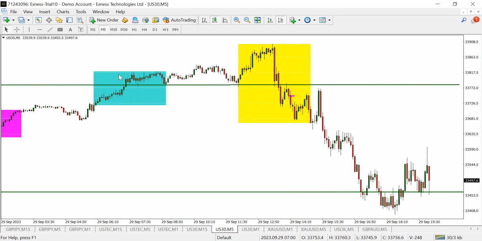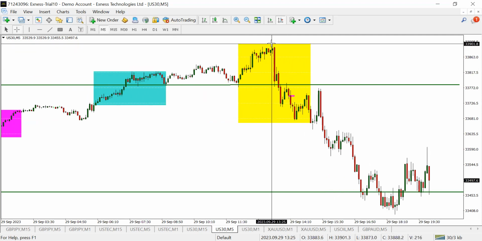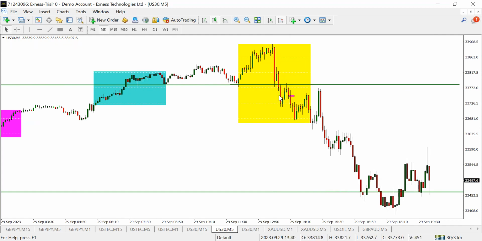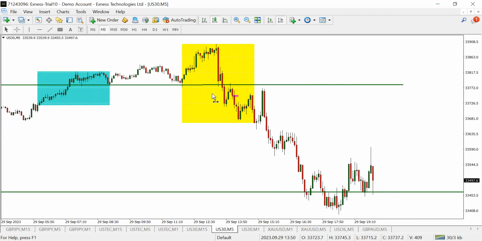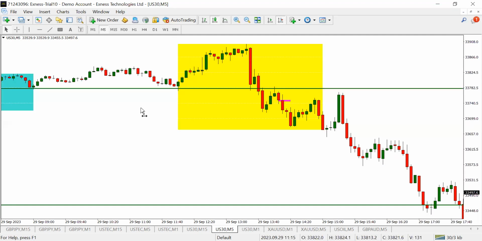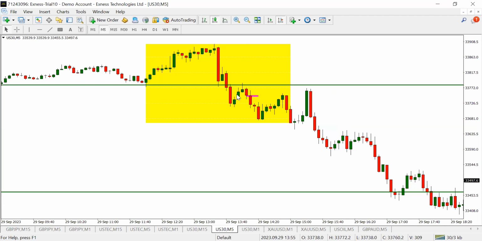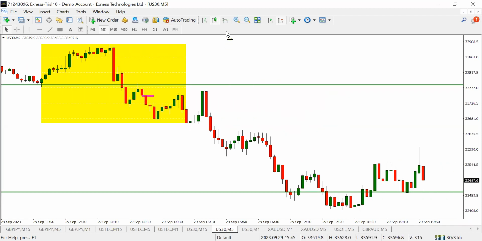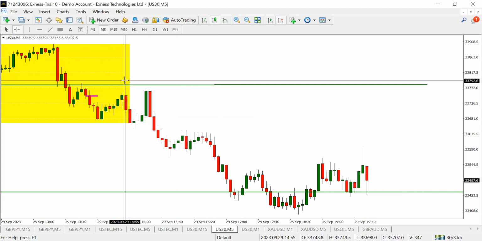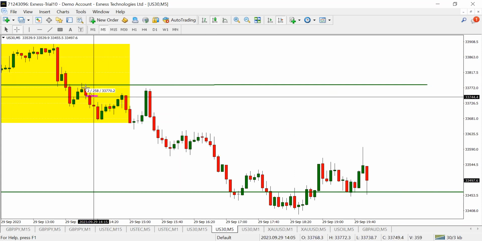Now you can see the market has dropped from the high of the day. From the high of the day, the market dropped 150 pips. It now pushed up. Candle 1, candle 2, candle 3. Engulfing, that should be an entry. That entry will give you 25 pips stop loss.